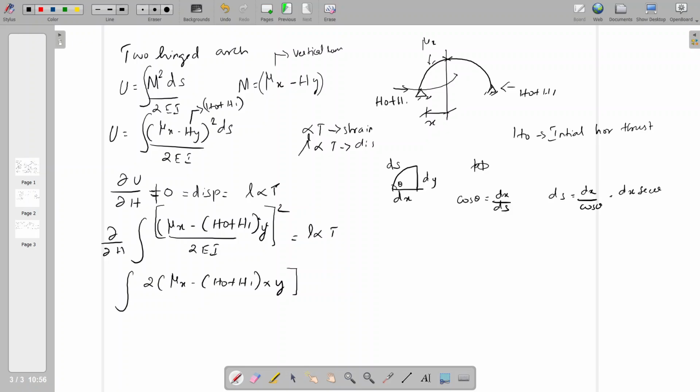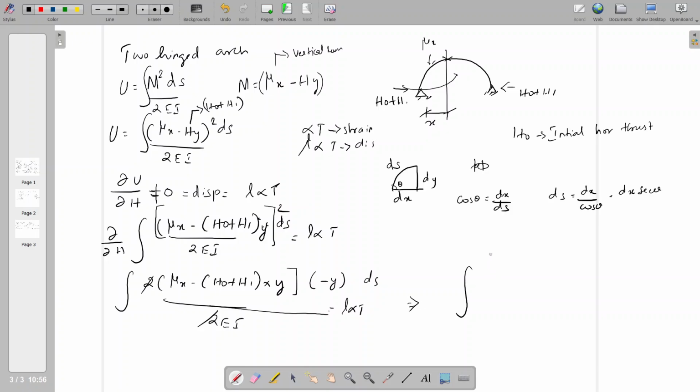If you differentiate minus H into y, H0 plus H1 will be 1, so minus y, ds by 2EI. So the 2 cancels, and this will be equal to L alpha T.